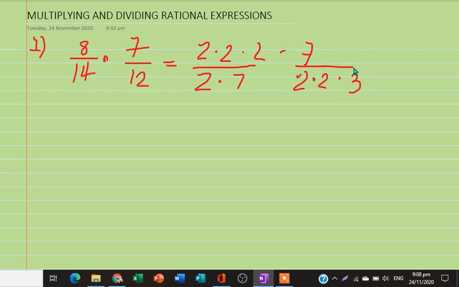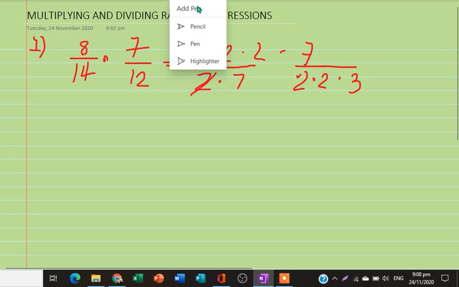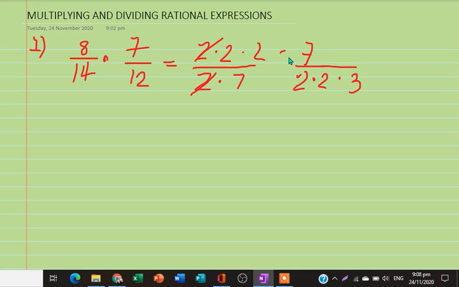Okay. So, therefore, we are going to divide this by 2. We are going to cancel. Then cancel 7. Another 2.